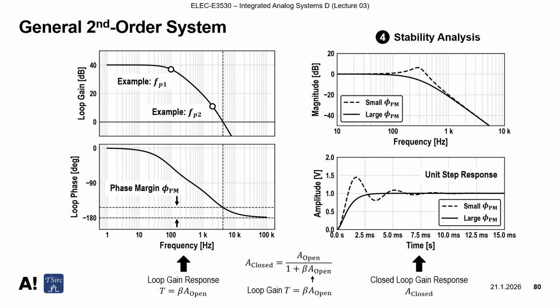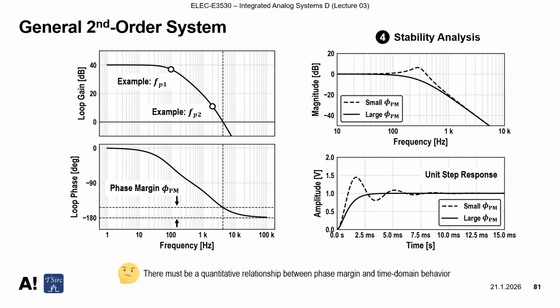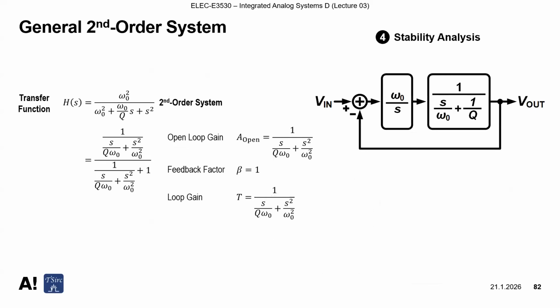They are different, but they are somehow linked to each other. So there must be a quantitative relationship between poles, between phase margin and time domain behavior. Those are part of the goal of our lecture to think about. So let's figure out what is happening here.